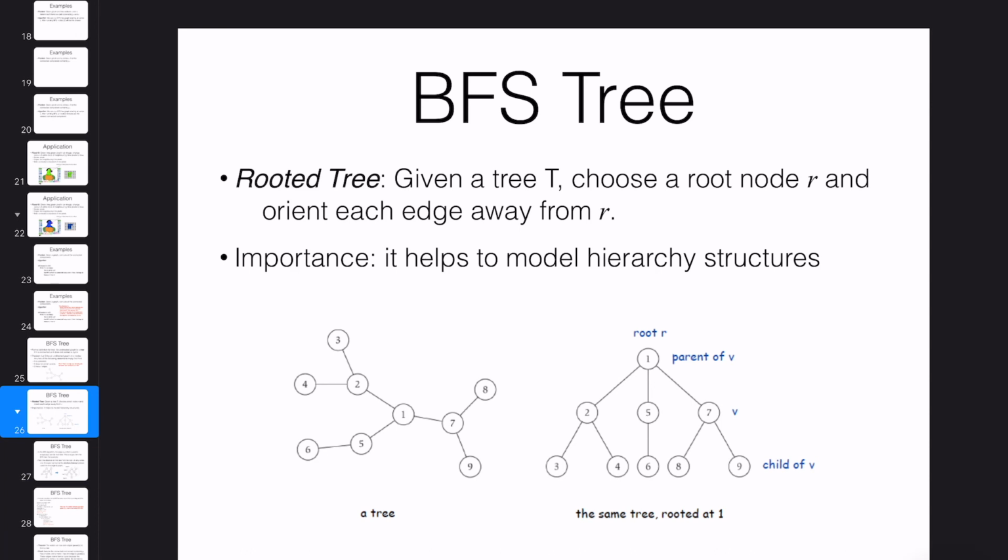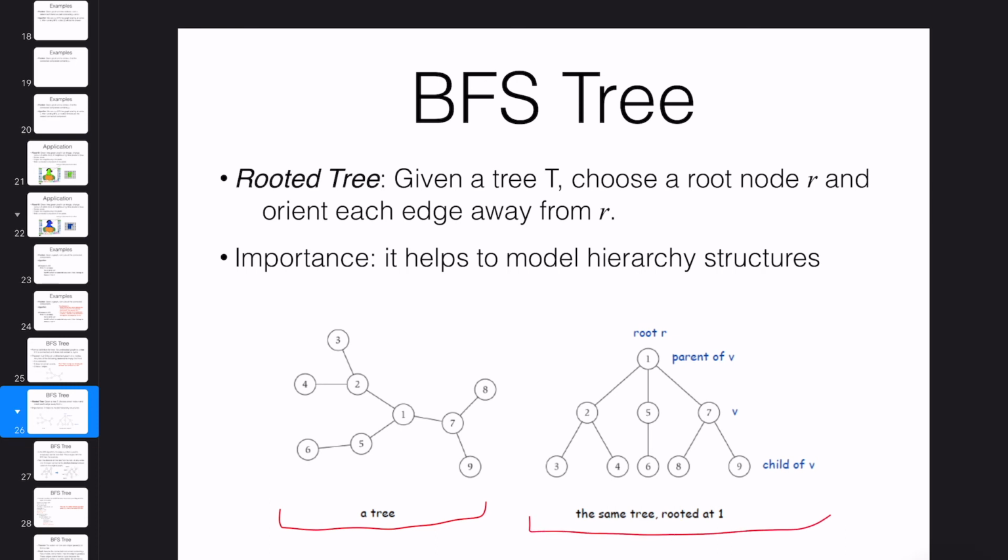So a tree will actually just look like this, right? A general tree in graph theory. If I take any of the nodes and order the rest of the nodes based on their distance from this node, I would get a hierarchy, something like this.